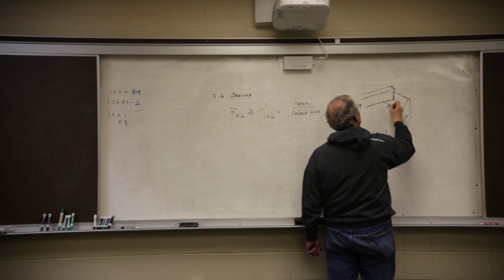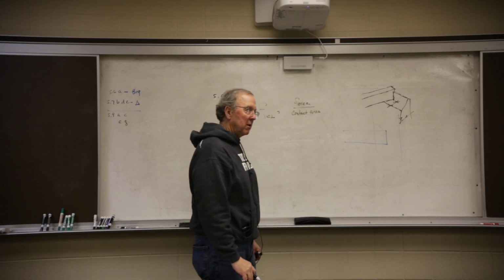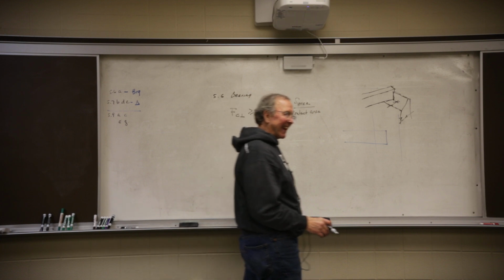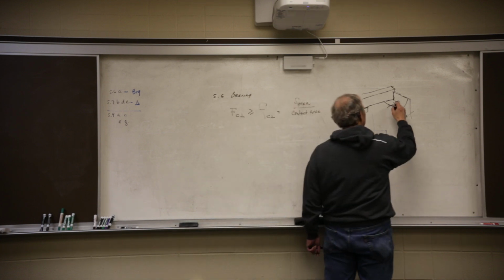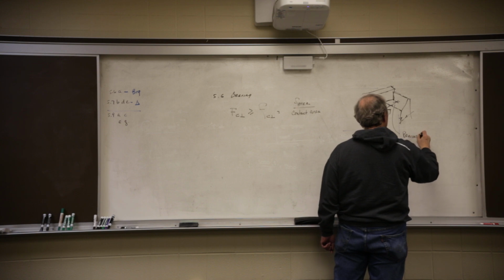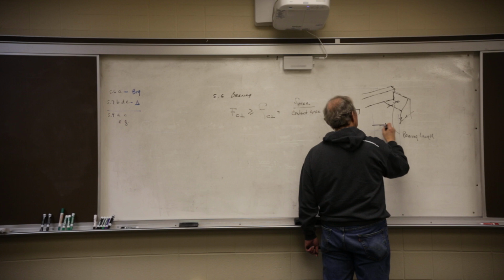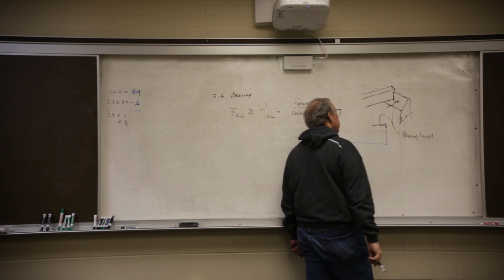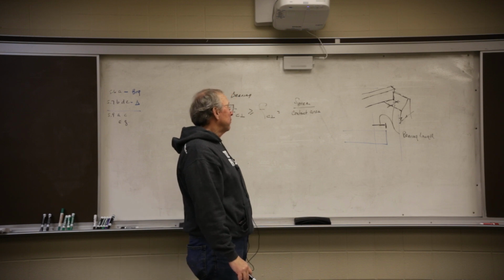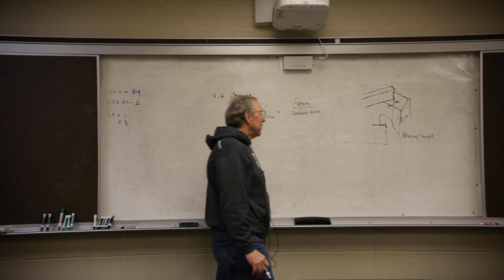This is the projection onto the wall. That's the amount of bearing. Call that the bearing length. The amount of bearing, the bearing length. That's this right here. Those two are exactly the same. Now, if I know the bearing length, the only thing I have to worry about is how wide is the member bearing on it.